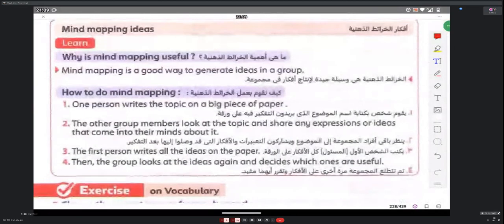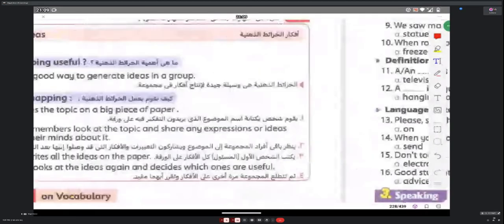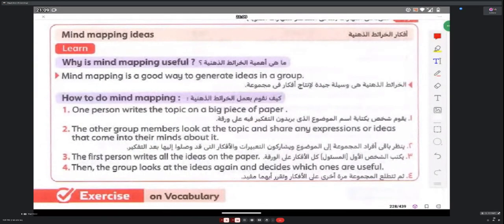Mind mapping ideas. Why is mind mapping useful? Mind mapping is a good way to generate ideas in a group. If we are a group of 4 or 5 persons, everyone can ask a question, and in this way we can form a mind map of ideas. How to do mind mapping? One person writes the topic on a piece of paper.